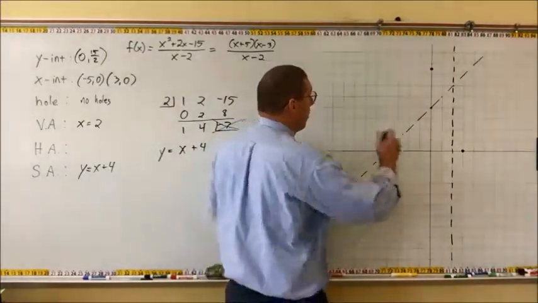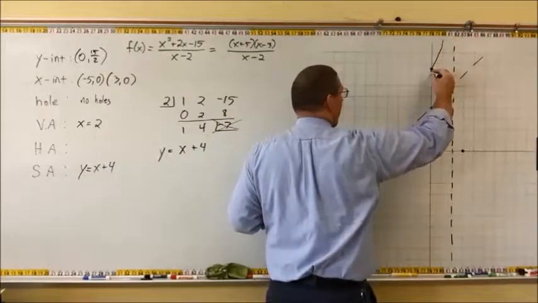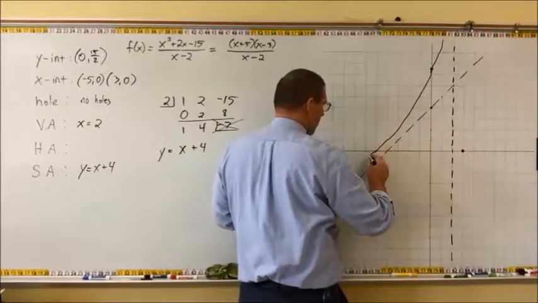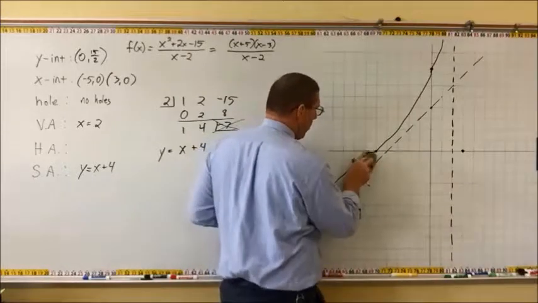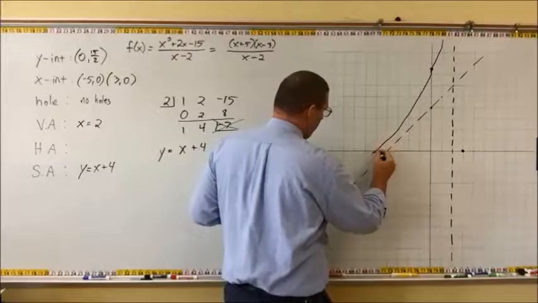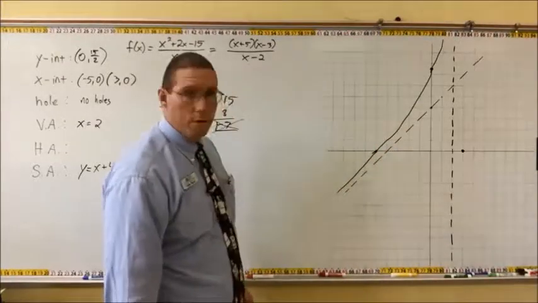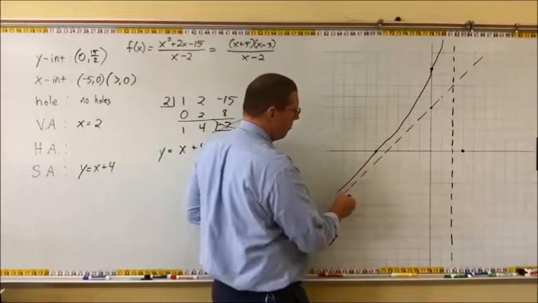So what I'm going to do is I'm going to go ahead and draw a curve in, and it's going to go through that point, then it's going to come down here and go through this point, and then it's going to kind of follow, I did that a little wrong, it's got to kind of follow the slant asymptote. So I don't want to make that curve too much. It's going to kind of follow the slant asymptote. Do you see that? Remember, the curves go along the asymptotes.